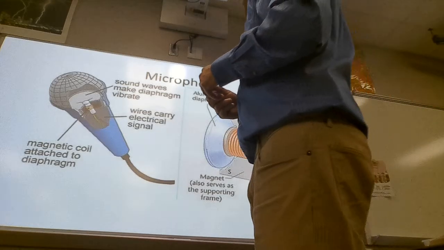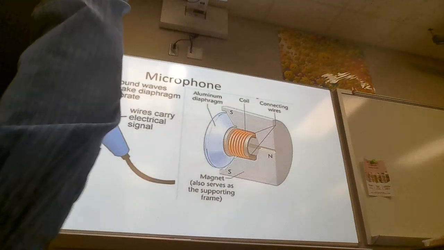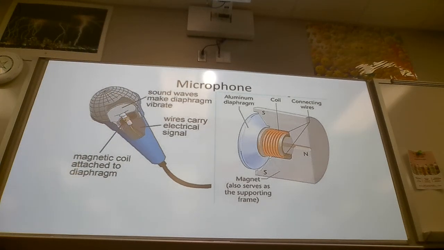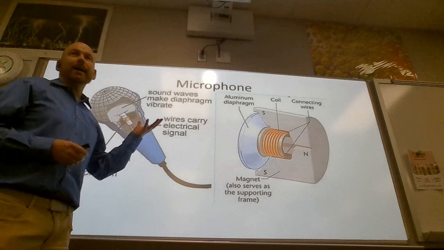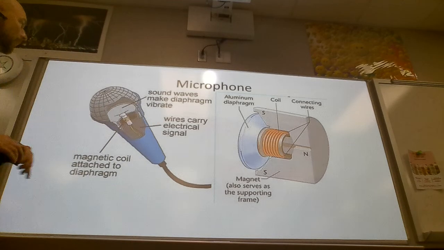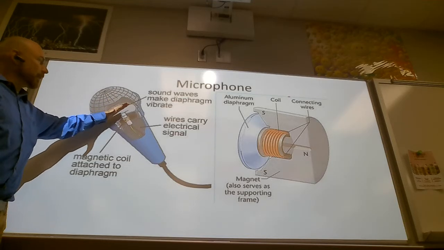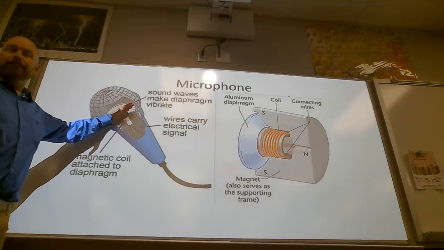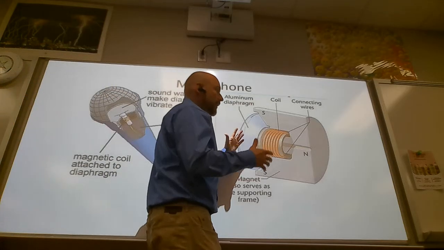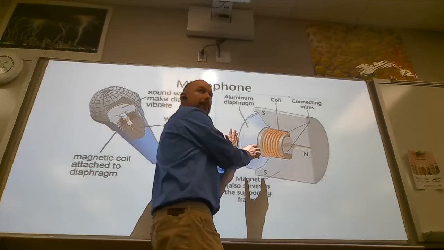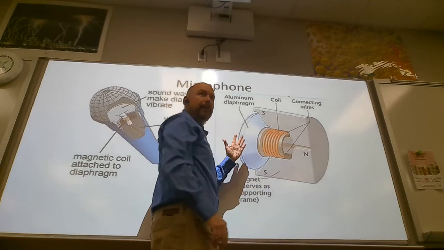All right. So microphones and speakers have the same relationship as generators and motors. A microphone acts like a generator, where as you speak into it, there's a diaphragm able to vibrate because of your sound waves, and connected to that diaphragm, there's a coil of wire that moves with the diaphragm.